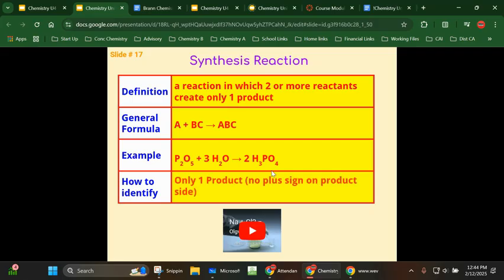That is the easiest way to identify a synthesis reaction. There is no plus sign after the arrow in this equation. Because of that, there is only one product, and it has to be a synthesis reaction. Synthesis means to put things together. So this is one of the two simplest kinds of chemical reactions.